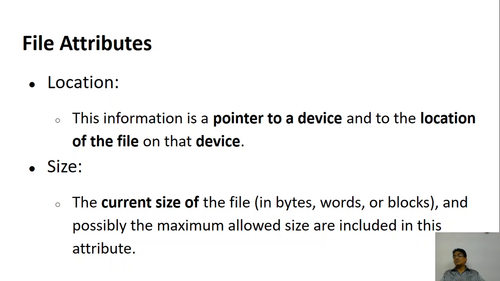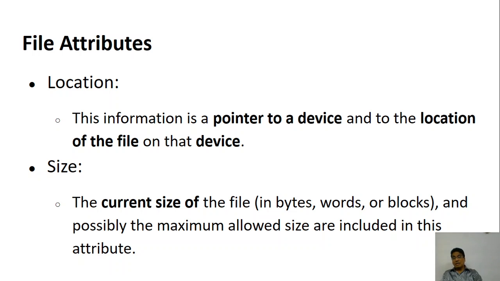The other one is the size: the amount of storage that particular file takes. The size can be in terms of bytes, which is the general way, or in terms of words, or in terms of blocks. Some systems may even specify the maximum size that a file can have.